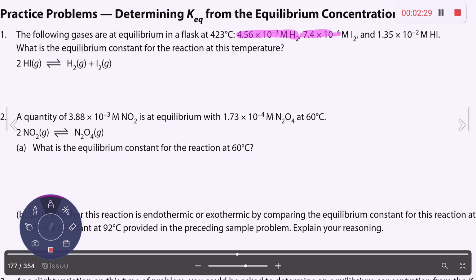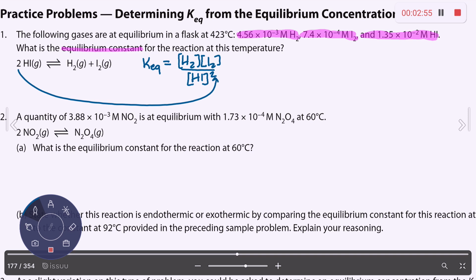We've got our hydrogen gas, iodine, and hydrogen iodide, and they want us to calculate the equilibrium constant for this reaction. So the equilibrium constant is equal to the concentration of the products, hydrogen times iodine, divided by the concentration of HI squared, because the coefficient in front of HI is a 2. You simply substitute all of the concentration values in.